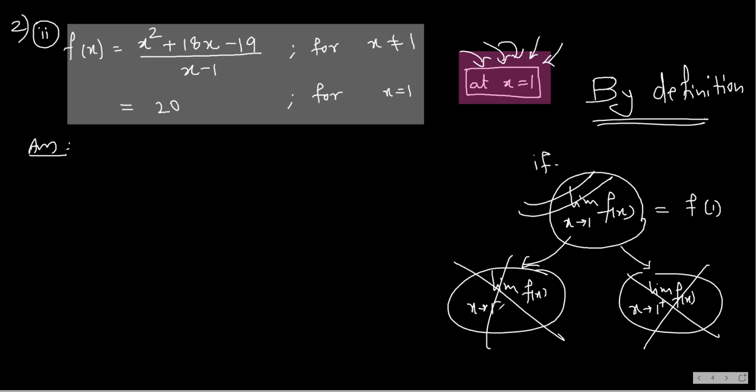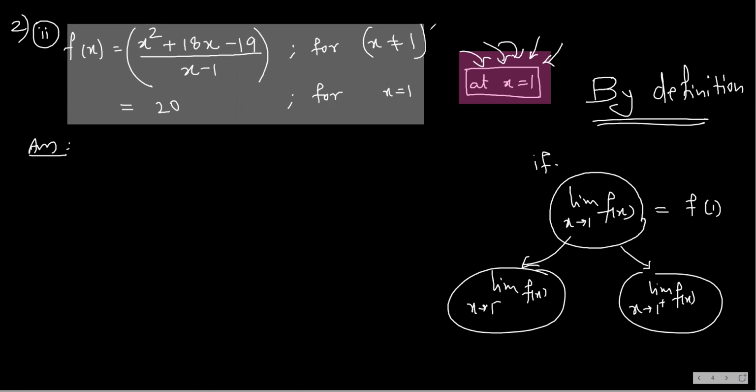It is because on the left of 1 and right of 1, the function is same. See, they have said x not equal to 1, function is this. It means x less than 1, x greater than 1. What is meaning of x not equal to 1? It means these two, and for both the function is same.